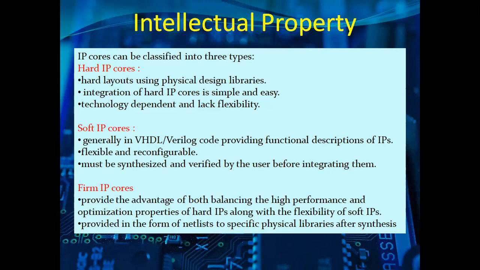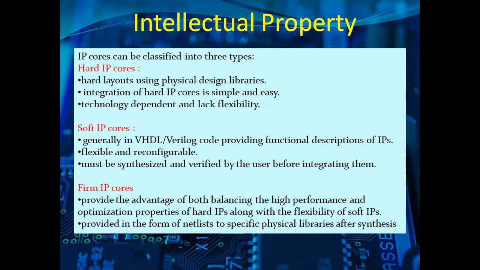Then we come to firm cores. When I say firm cores, it is a midway between the soft IP core and the hard IP core. So it gives me the balance between the flexibility of soft IPs and the optimization or the performance of the hard IP cores. Okay.